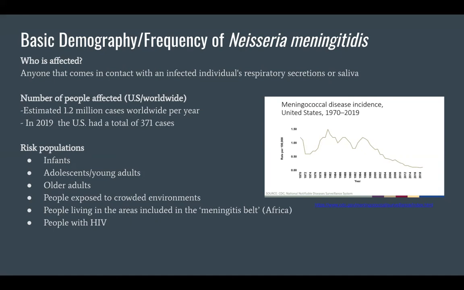Risk populations include infants, adolescents, and people exposed to crowded environments like college students or military, who are most commonly infected, and then of course people in the meningitis belt like we talked about, and people with HIV.